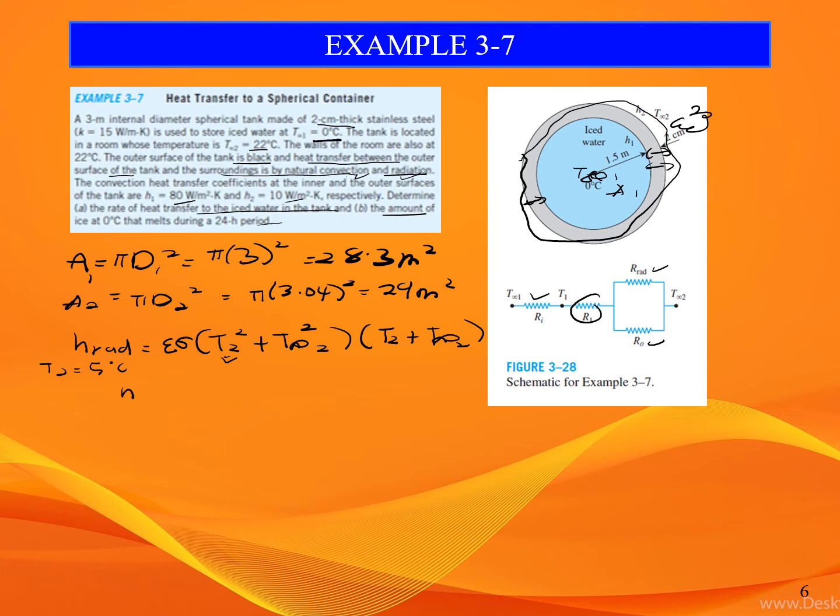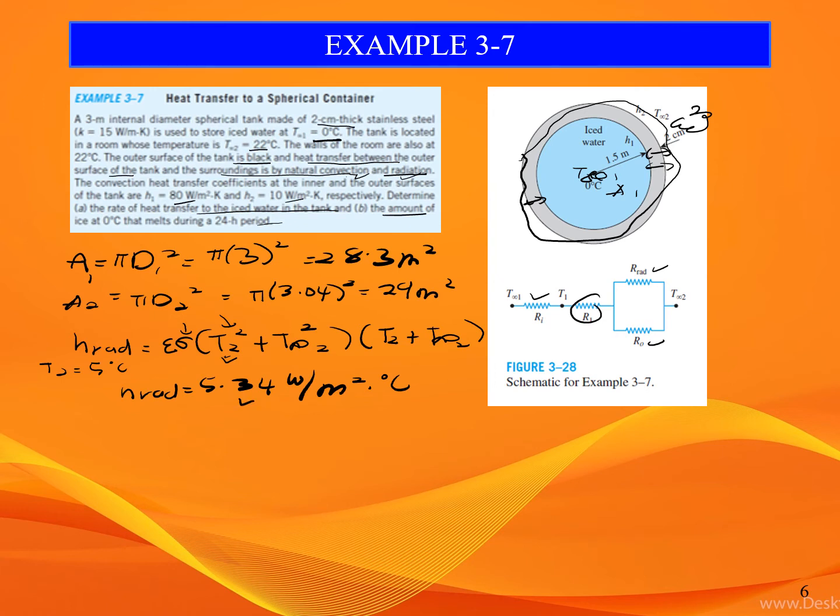So calculate H rad, which is 5.34. You just put in the Stefan-Boltzmann constant, and at T2 key in the 5 degrees Celsius. T infinity 2 is around 22 degrees Celsius, and then you will get this value.